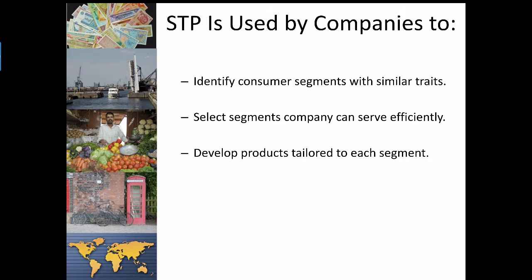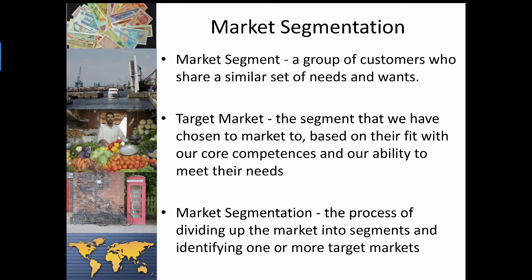STP, shorthand for segmentation, targeting, and positioning, is used by companies to identify consumer segments with similar traits, select segments that the company can serve efficiently and effectively, and develop products tailored to each segment. Market segmentation is the idea of taking a whole market and identifying within that market groups of customers who have similar needs and wants and groupings that are different from each other.